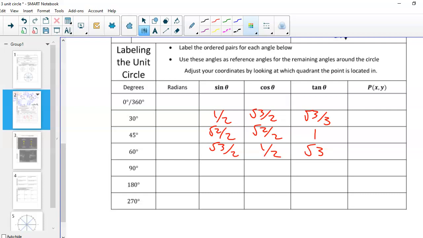As we're going around our unit circle, we're going to use those values a lot, but I want to fill out this chart first. Some of you may know these already, and that's fine.